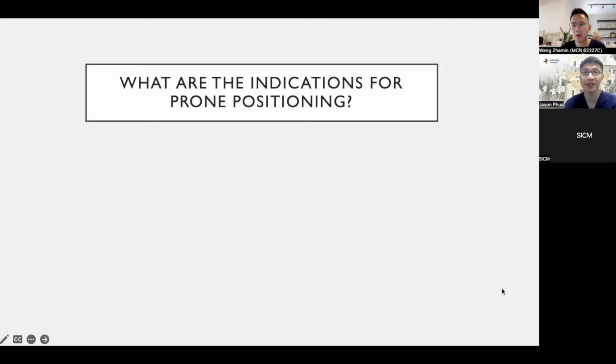The other thing I would say is that it is not difficult to understand why the benefits may not be so obvious in awake-prone positioning, because many patients cannot tolerate it. There is observational data from randomized control trials, meaning we look at the subgroup analysis, at how patients actually tolerated the awake-prone positioning, and there is a suggestion that patients who can tolerate longer, at least 5 to 6 hours a day, have better outcomes.